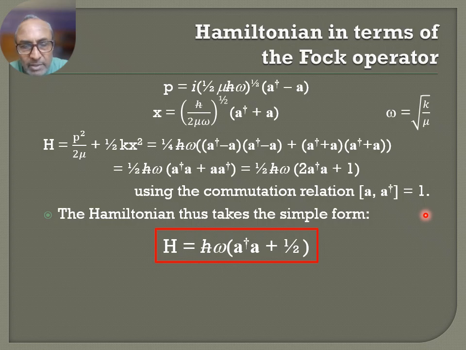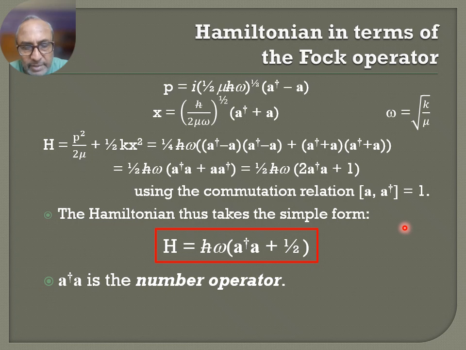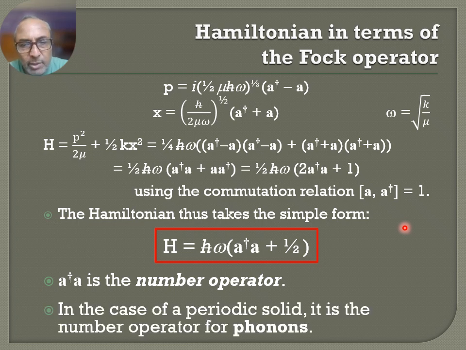A dagger A is the number operator, and in the case of a periodic solid, which can be treated as a collection of harmonic oscillators, A dagger A is the number operator for phonons.